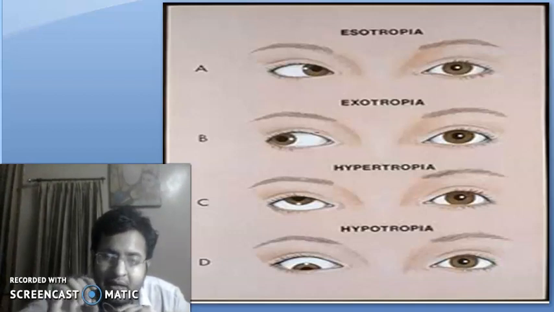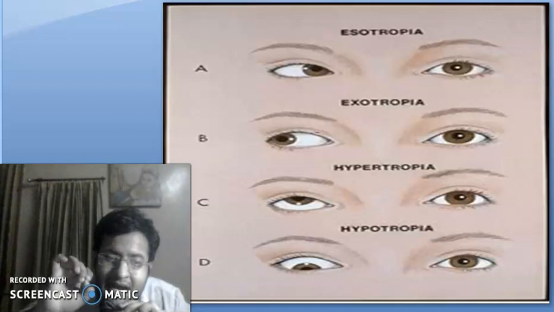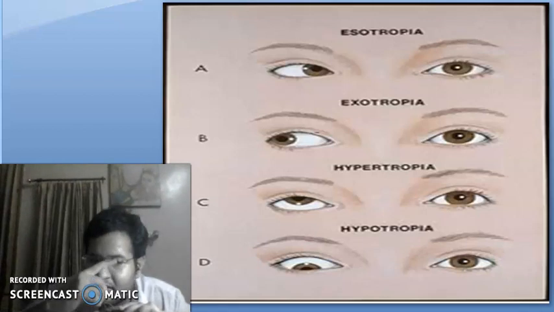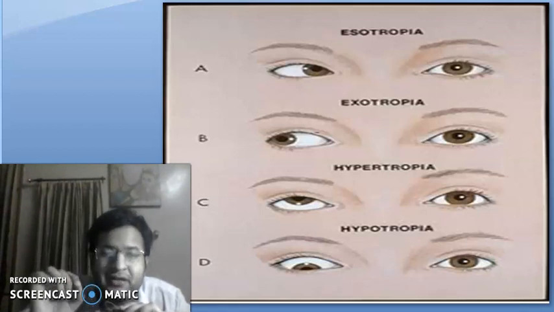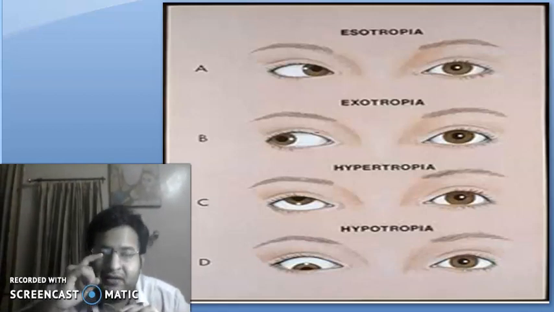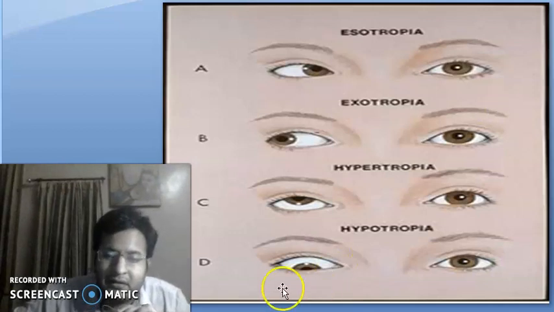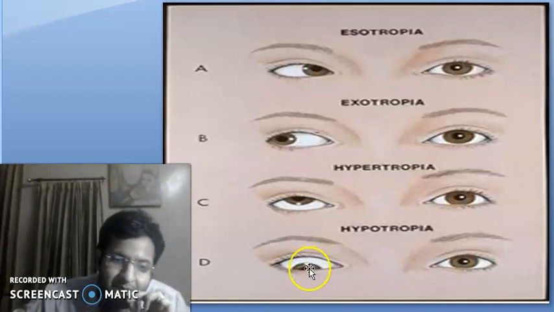When it moves outward, it is known as exotropia, with X. When one eye is in the primary position and the other eye moves upward, it is known as hypertropia. When the fixating eye is in the primary position and the other eye moves downwards, it is known as hypotropia.